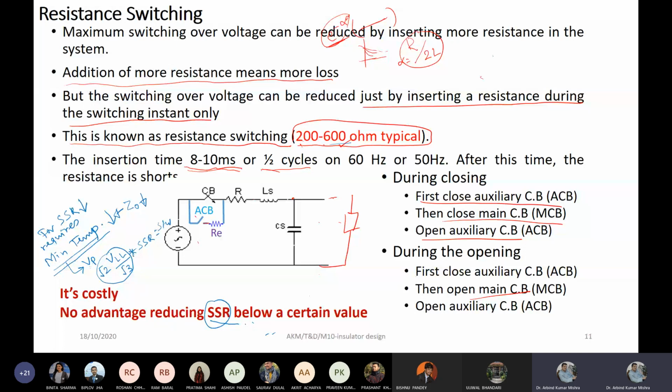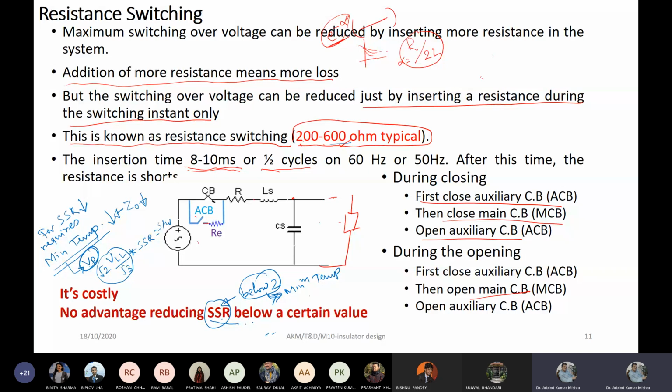You can see that if we reduce this SSR below 2, then we are saying the temporary over voltage is at its minimum. Since we cannot reduce the temporary over voltage below the phase voltage, therefore there is no use of reducing this.